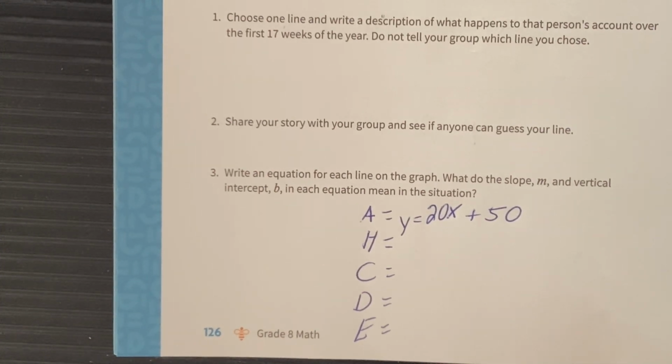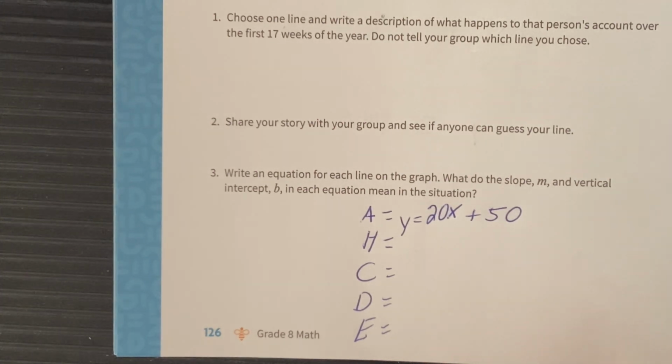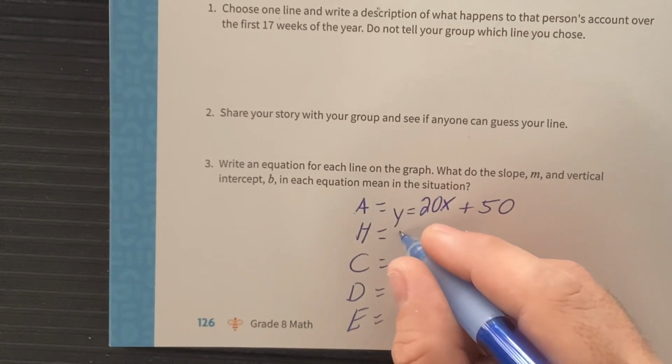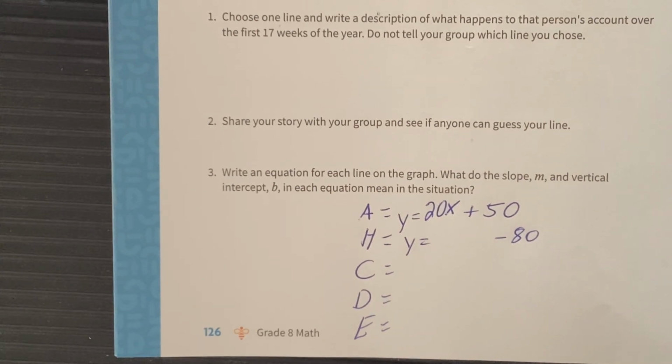Who had H? Taylor, would you describe it? What's going on? How much am I starting? Negative 80. So you are in debt to somebody. You borrowed $80. All right, borrowed $80 from the bank, from a buddy, whatever.